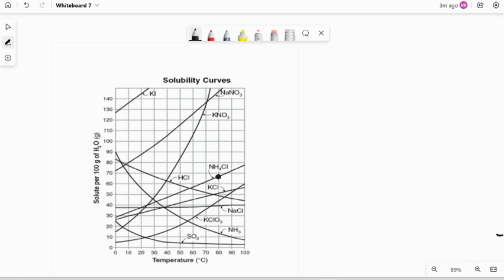So let's see. I'm going to read this at 80 degrees Celsius. I'm going to say it's not that easy to read. I'm going to say that it's going to dissolve 67 grams of NH4Cl, and then I have to report it like this, in 100 grams of water.